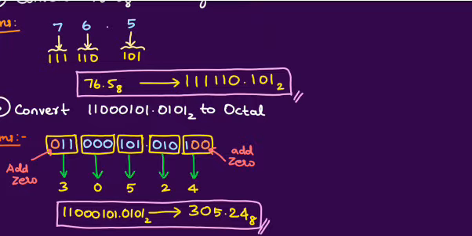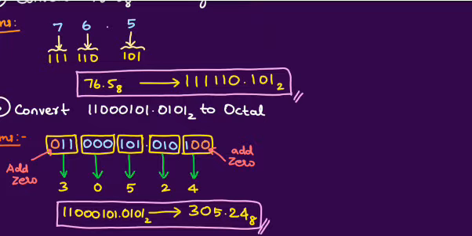Make 3 binary digits as one group. In the integer side, make the groups from right to left, whereas in the fraction side, left to right. First we'll see the integer side. First we start from the right side to the left side.